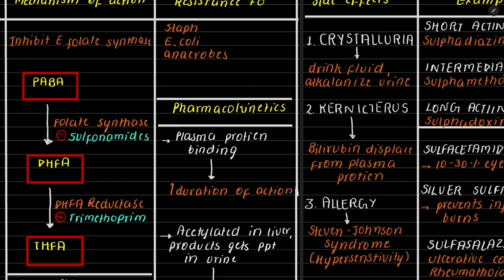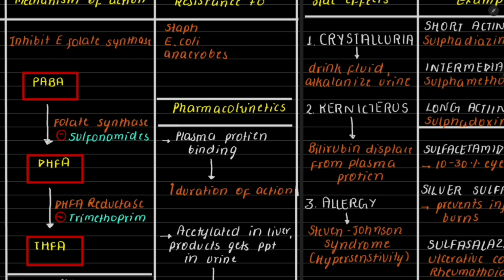Sulfonamides block this enzyme, while trimethoprim blocks this enzyme. But the first line that I told you in the beginning of this video was that sulfonamides were only bacteriostatic drugs, which means that they couldn't kill the bacteria, they only suspended its growth. This was because they can inhibit only one enzyme in this pathway.